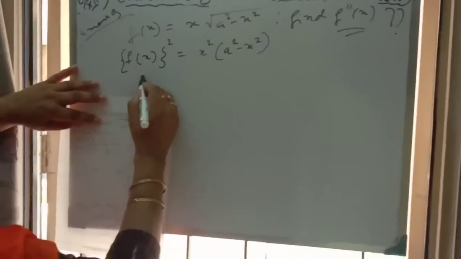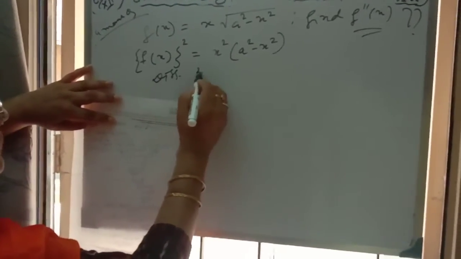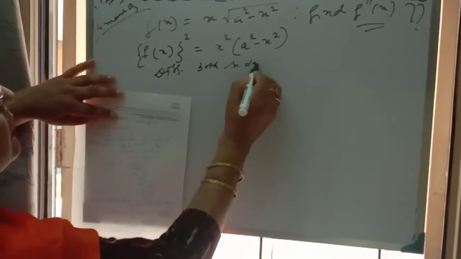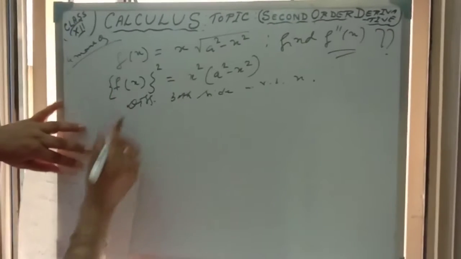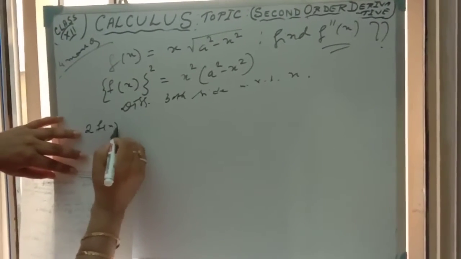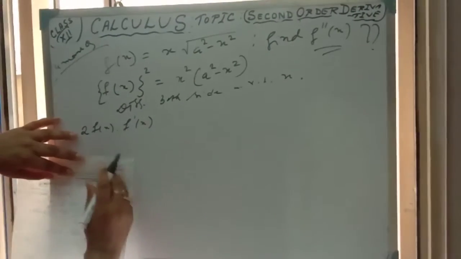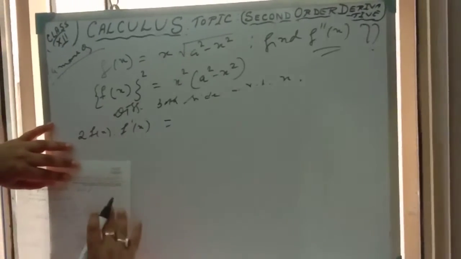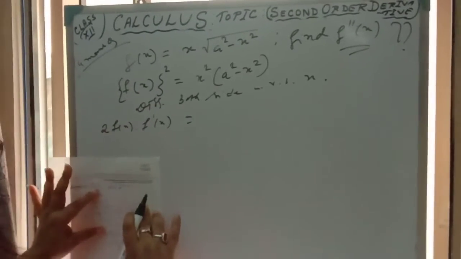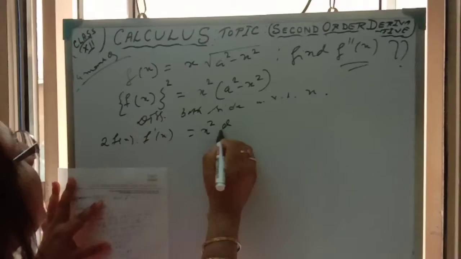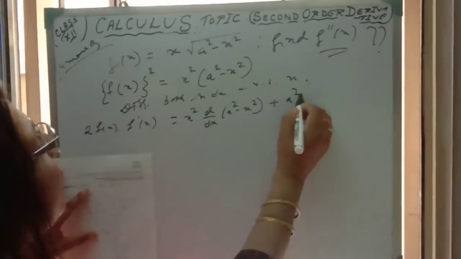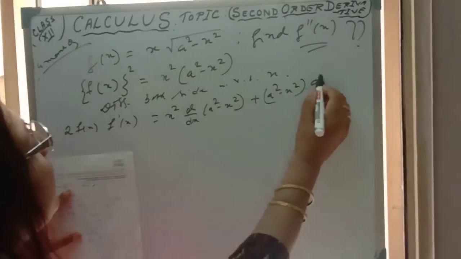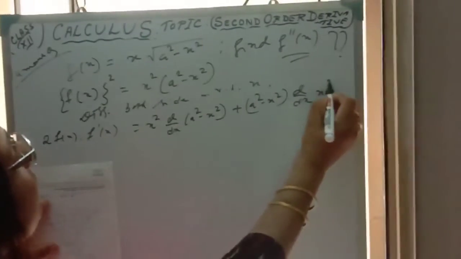Now differentiating both sides with respect to x. What will we write? f(x) whole square, so it will be 2 f(x) into f dash x by chain rule, and this is again the product rule. We write x square d/dx of a square minus x square, plus a square minus x square d/dx of x square.